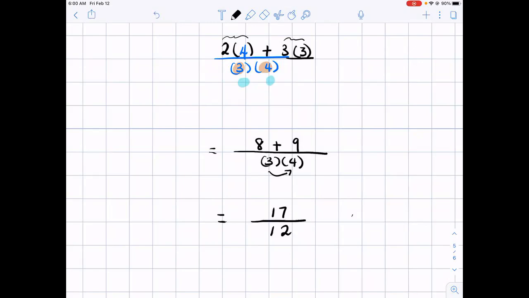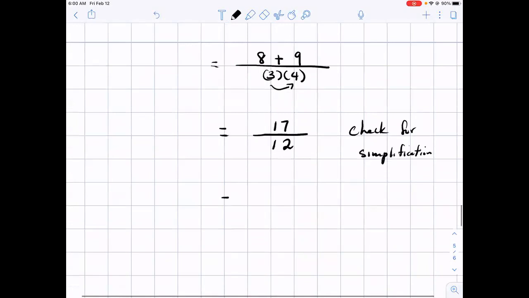And remember, check for simplification. In this example, there is nothing to simplify. And since it's an algebra class, we can leave it as an improper fraction.